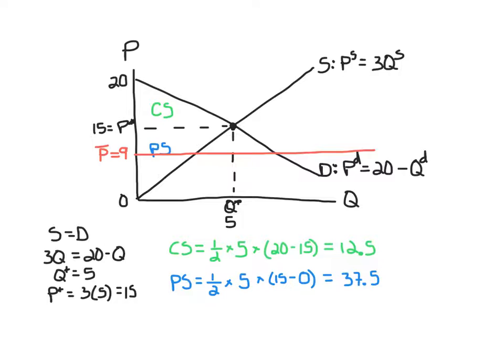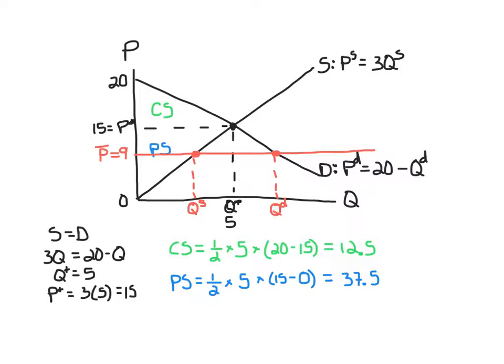So at a price of 9, we're going to have a distortion between supply and demand, right, as seen here. So at this lower price, sellers don't like that, so they're going to lower their quantity supplied, and buyers like lower prices, so they're actually going to increase their quantity demanded, right? And the difference between the supply and demand quantities is going to be the size of our shortage now of the product.